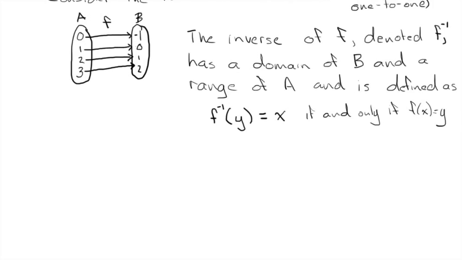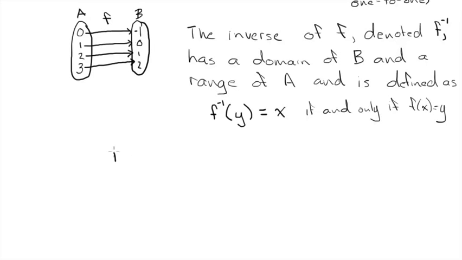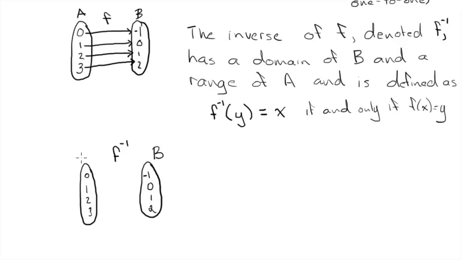So if we wanted to, for this example, do a mapping diagram of f inverse, I'll keep the sets on the same side. So I'm still going to write B over here: -1, 0, 1, 2. And then set A will be over here: 0, 1, 2, 3.